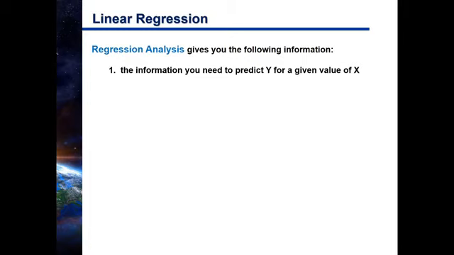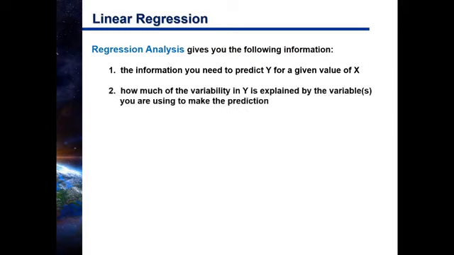Y is the predicted variable. All right, so it's the one we're trying to predict. So X is the predictor, and Y is the predicted. Now, in this class, we're only going to stick to one equation, and we're just going to learn how to predict Y. We're not going to cover the other way.